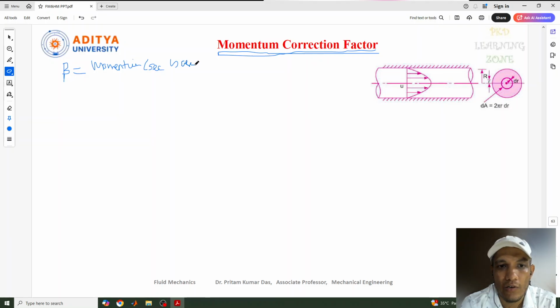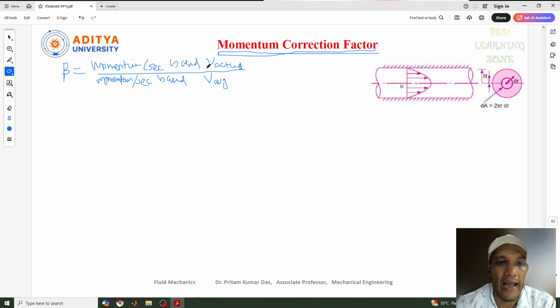Energy and momentum are the same approach; the difference is that there it was kinetic energy, and here we need to consider the momentum. Previously it was kinetic energy per second based on the actual velocity. Now I am writing momentum per second based on average velocity.